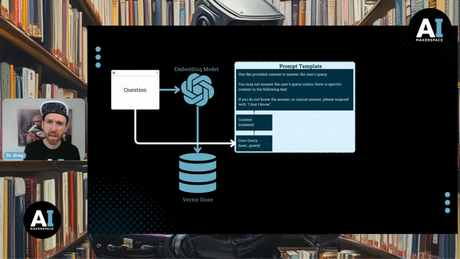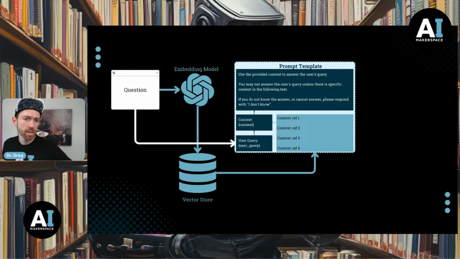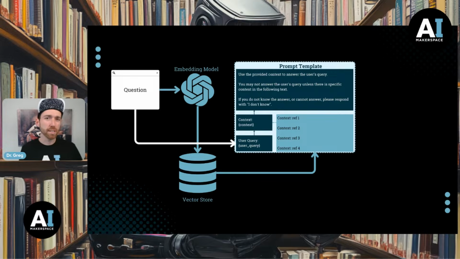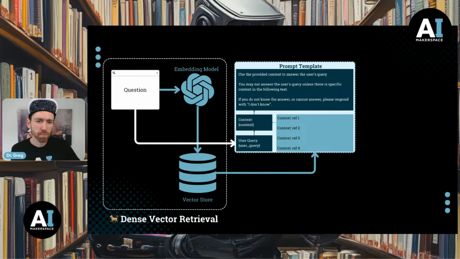Basically says, use the context, don't lie to me. The stuff that's returned is basic, naively matched. It's returned in no particular order. There are ways we can make it more sophisticated, and indeed we should. This retrieval process is very basic.